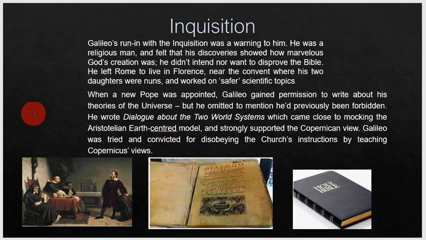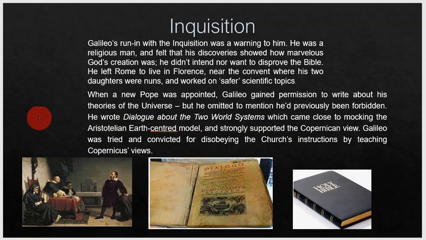He wrote Dialogue Concerning the Two Chief World Systems, and this is a picture of the book that he wrote. It's in Italian. It came close to mocking the Earth-centered model. So he wrote this book, and strongly supported the sun-centered view. This caused major problems.